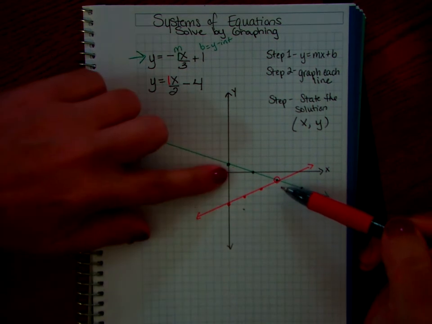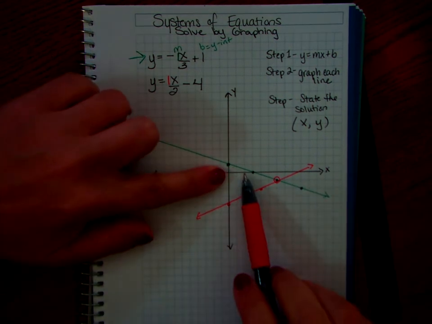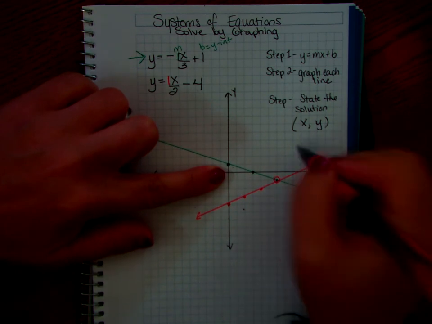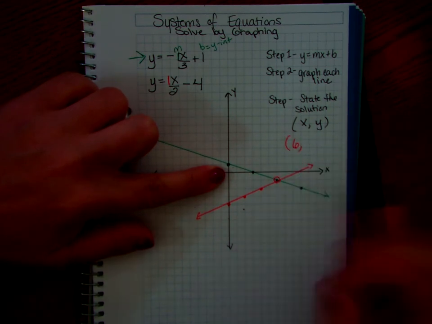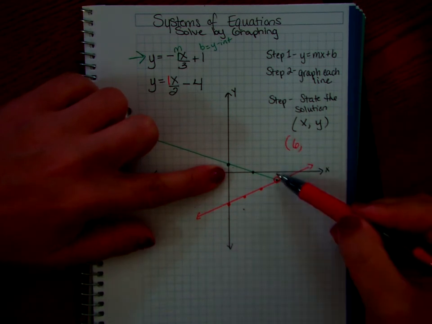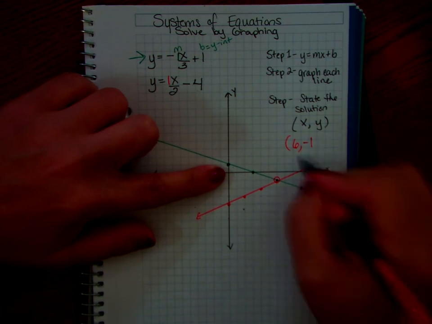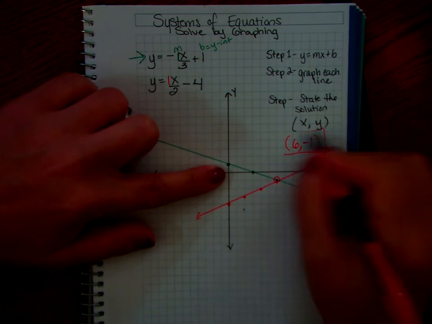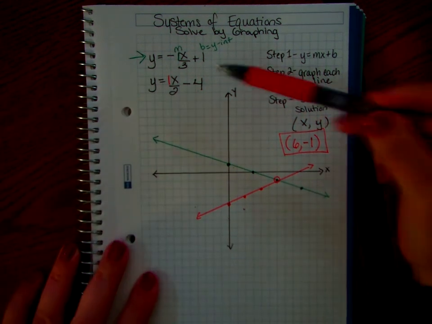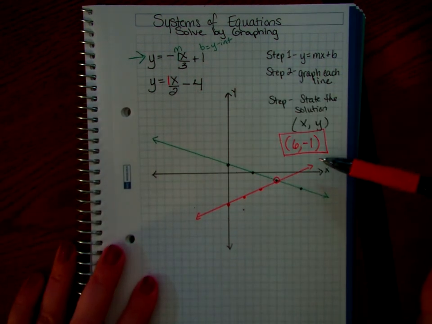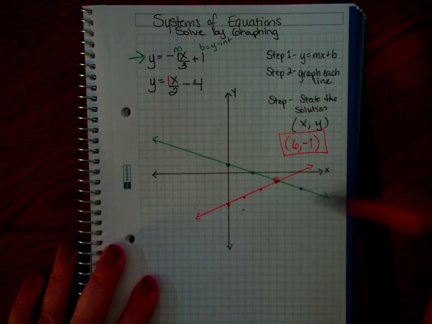If you start at 0, 0, you're going to go 1, 2, 3, 4, 5, 6 is my x. And from my y-axis, I went down 1. -1 is my y. So the solution to these systems of equations is (6, -1). It is the point that they share.